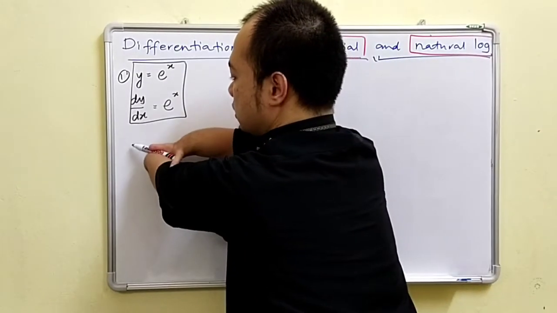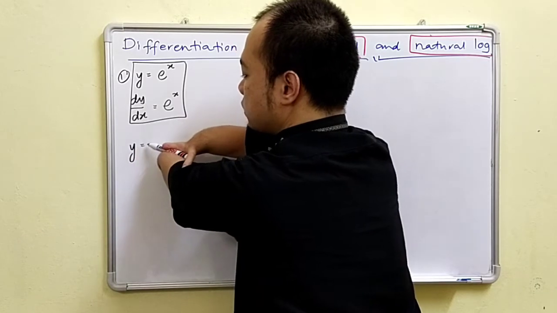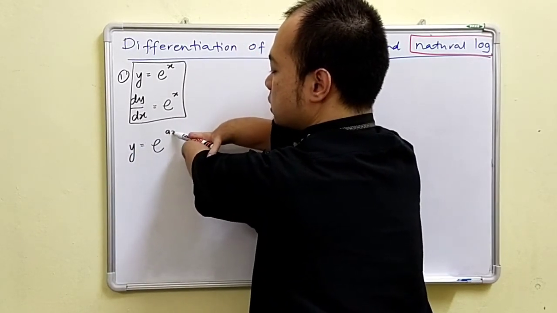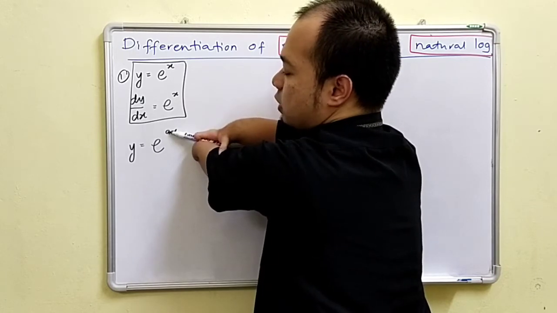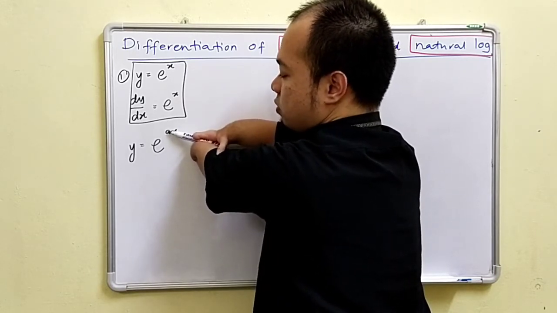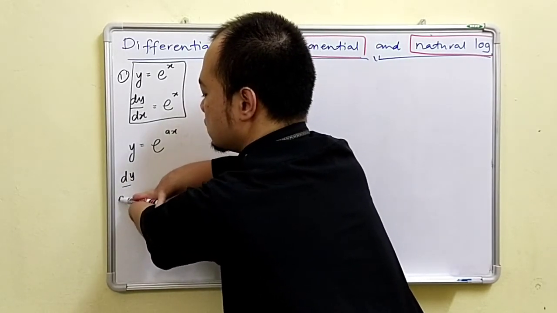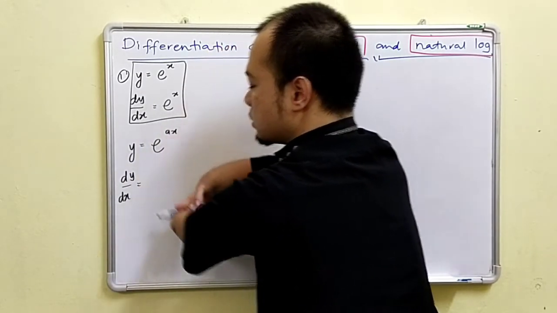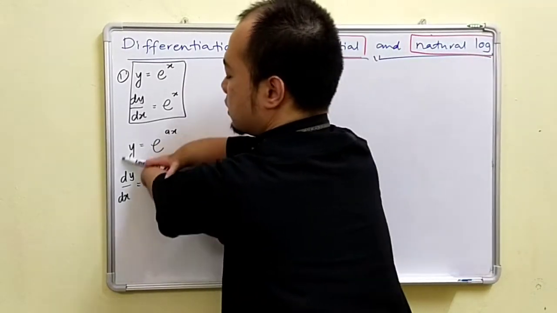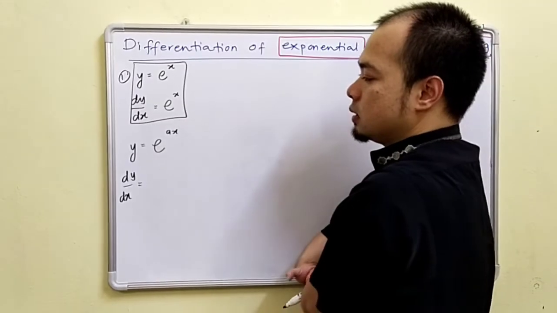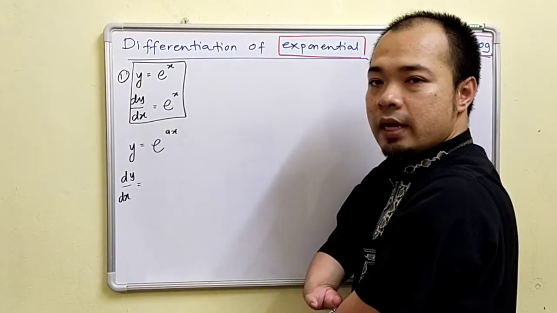Another one: if there is a constant, y equal to exponential of ax, where a is any constant, it can be 2, 3, 5, any number. In order to differentiate dy over dx, you can apply something like outside and inside.